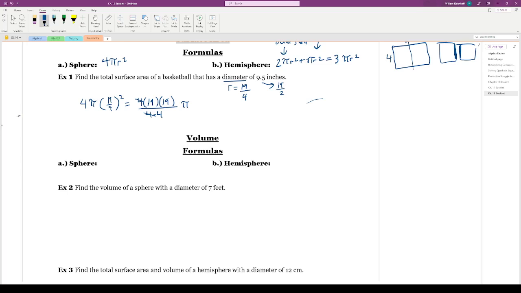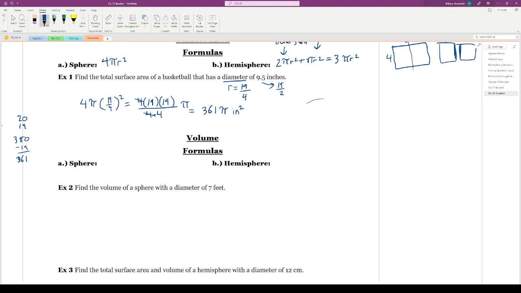I would say 20 times 19 is 380, but we have one fewer 19 than that, so that would be 361. I hope that's right. Sounds about right. So we end up with 361 pi, and since we're talking about an area, this is going to be square inches.